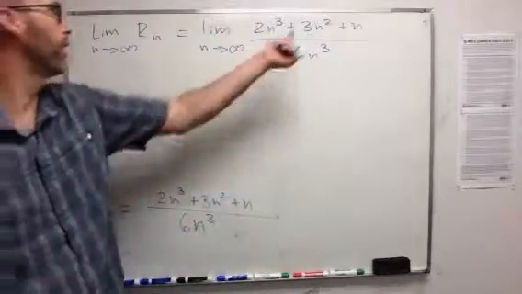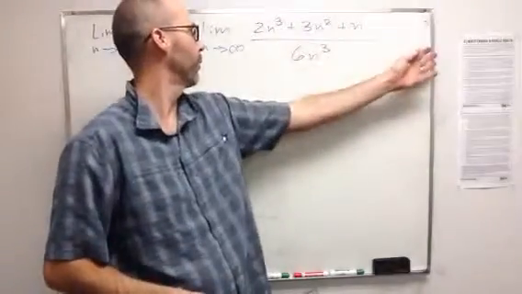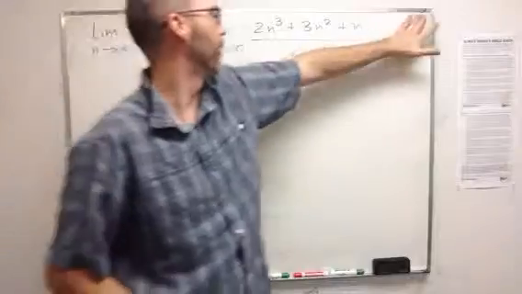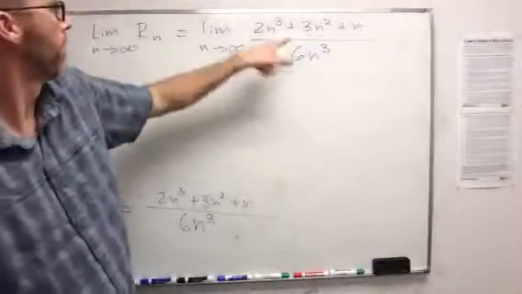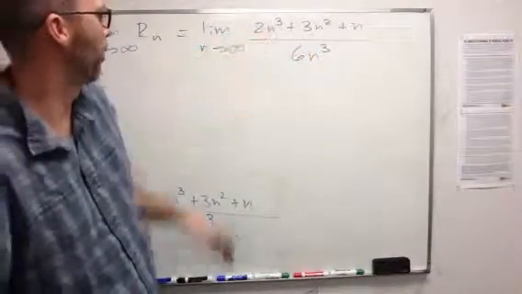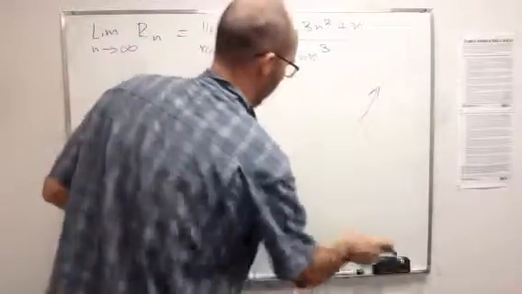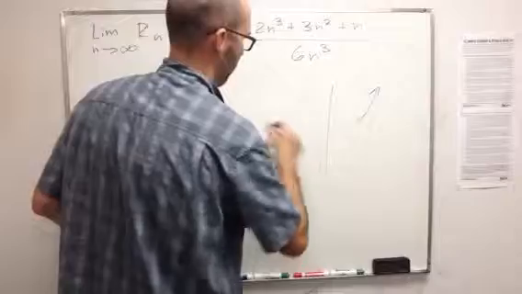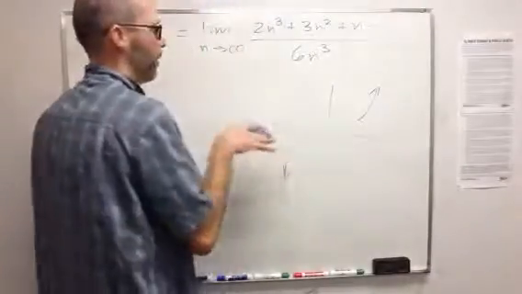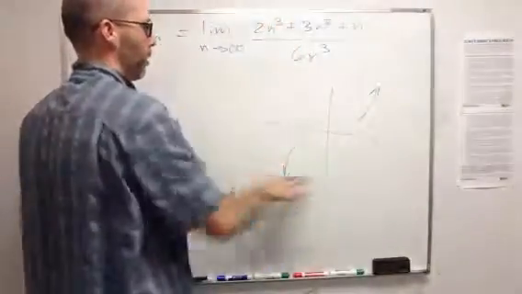Now plugging in infinity top and bottom, we get infinity over infinity, because a polynomial with n cubed grows large as n gets large. 2n cubed gets large, 6n cubed gets large.